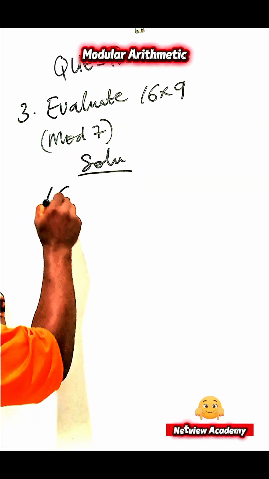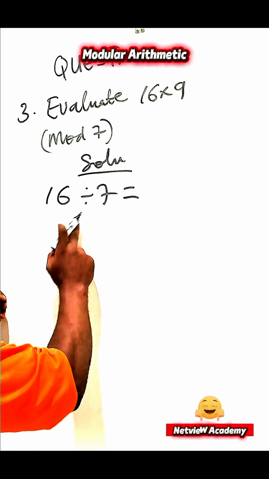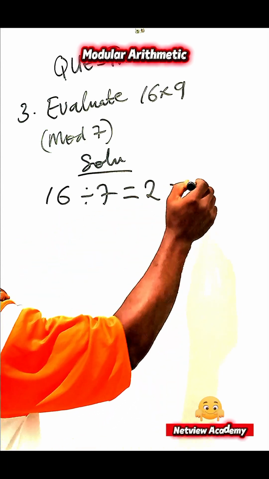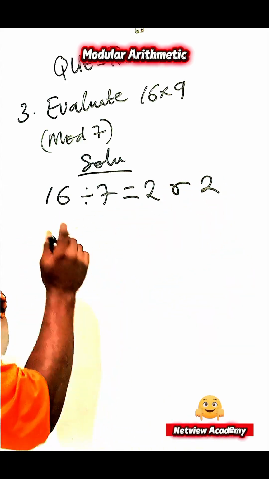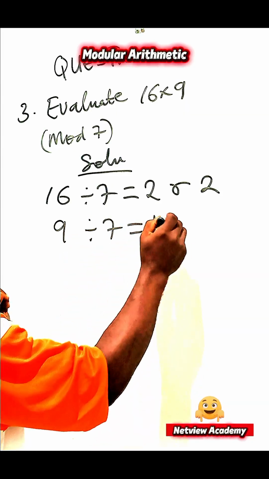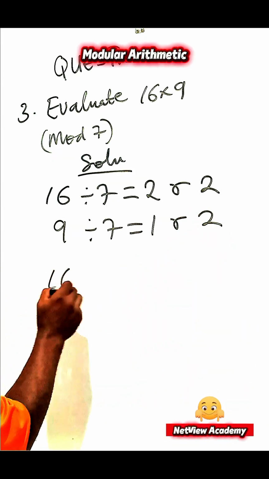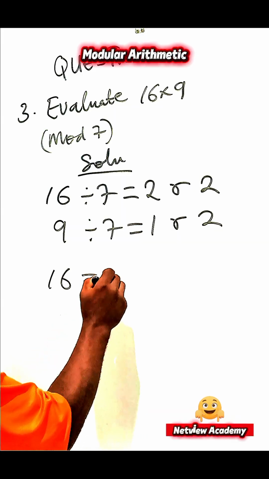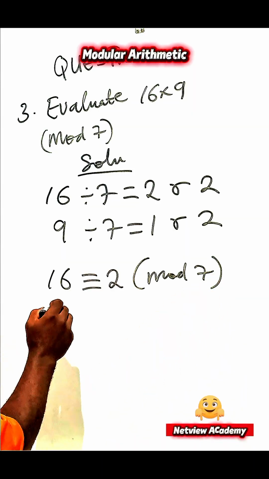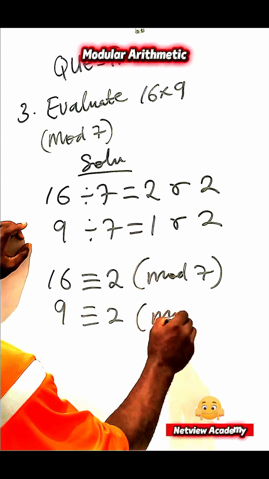So this is the same thing as 16 divided by 7 is equal to 2 remainder 2. 9 divided by 7 is equal to 1 remainder 2. So this can be written as 16 is congruent to 2 modulo 7, and 9 is congruent to 2 modulo 7.